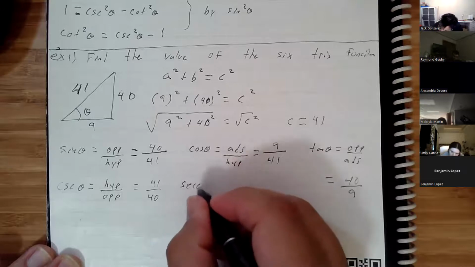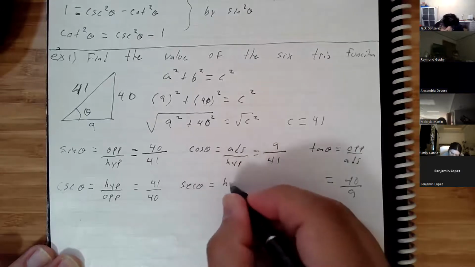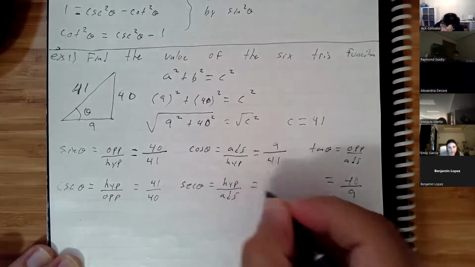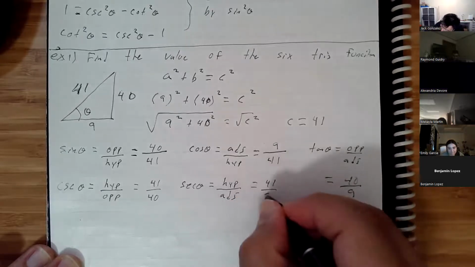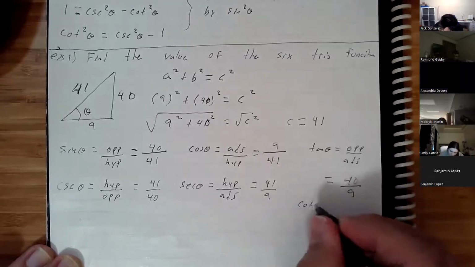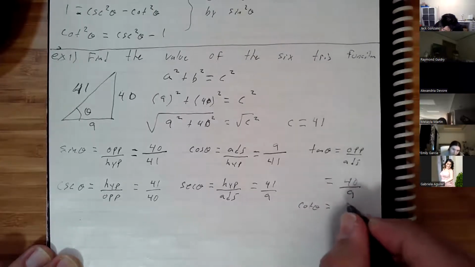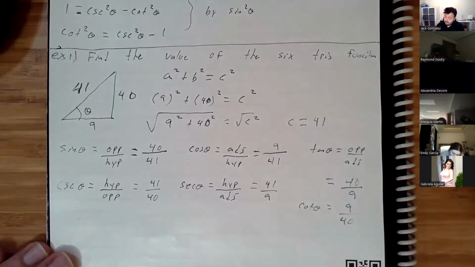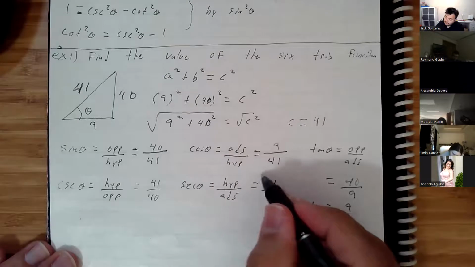Reciprocal of cosine is secant, which is hypotenuse over adjacent. That'll be 41 over 9. And then cotangent would be 9 over 40. So these are my answers.